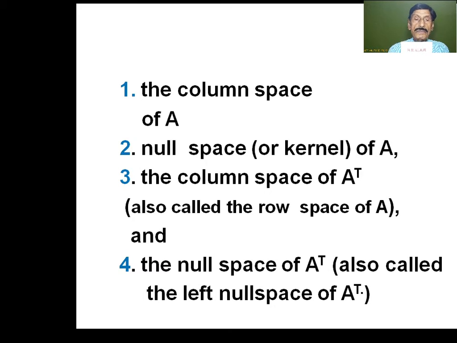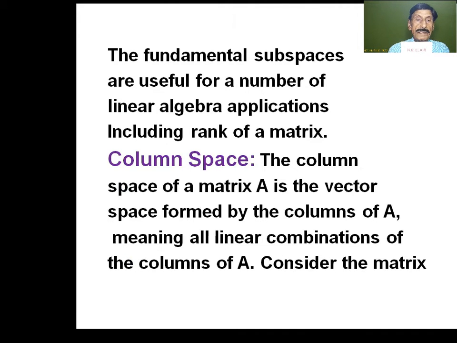Number 1, the column space of A. Number 2, the null space or kernel of A. Third, the column space of A transpose, also called the row space of A, and fourth, the null space of A transpose, also called the left null space of A. The fundamental subspaces are useful for a number of linear algebra applications, including the rank of a matrix.